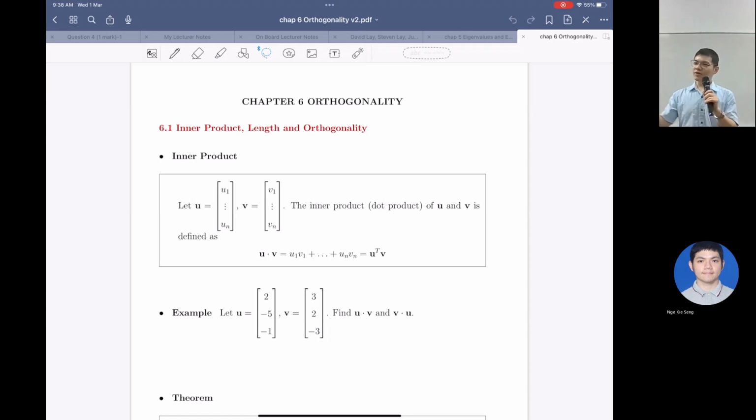So you might think, what does this have to do with solving matrix equation, solving vector equation? After we set out these tools, the orthogonality, later we will find solution to inconsistent system. Maybe you think that doesn't make sense because inconsistent system has no solution.